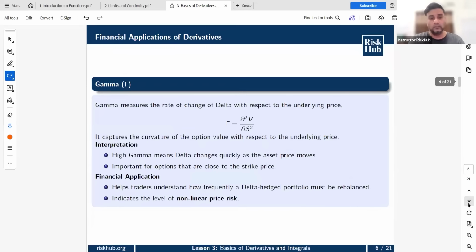Then we go to the gamma. Gamma measures the rate of change of delta with respect to the underlying price. Gamma measures how fast delta itself changes.